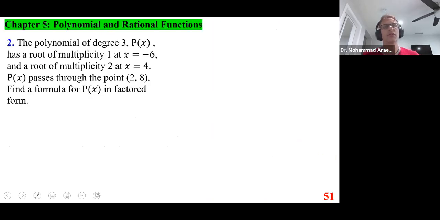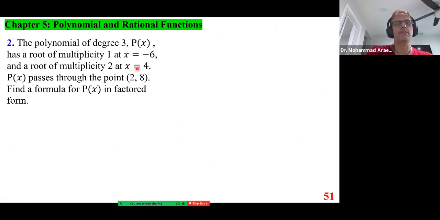Here's a polynomial of degree 3, has a root of multiplicity 1 at x equals minus 6 and a root of multiplicity 2 at x equals 4. So we are going to write it as a times x plus 6 times x minus 4 squared, because the multiplicity is 2.